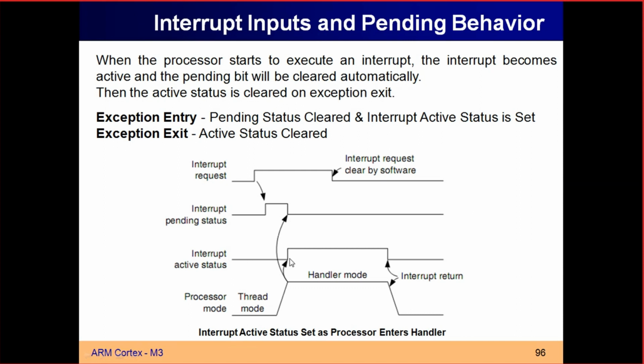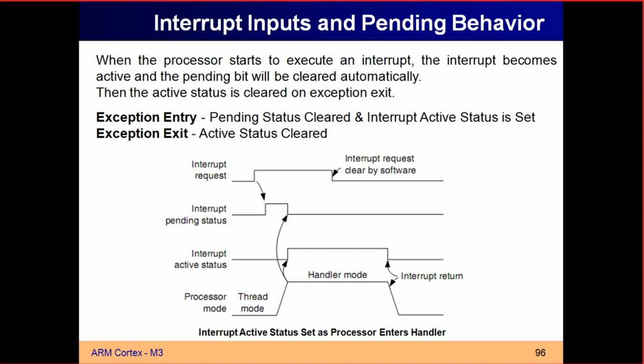So there is one more status bit known as the active status bit. Previously we have seen only one signal. So what will happen when the interrupt is generated? The pending status signal will be set. So the processor will start the handler. Whenever the processor is starting the handler, the pending status bit will be automatically cleared.